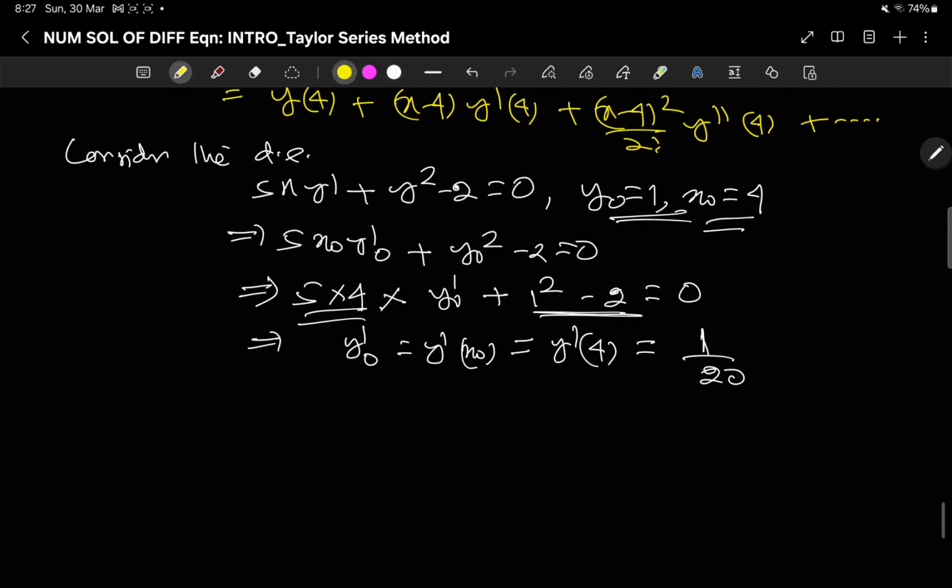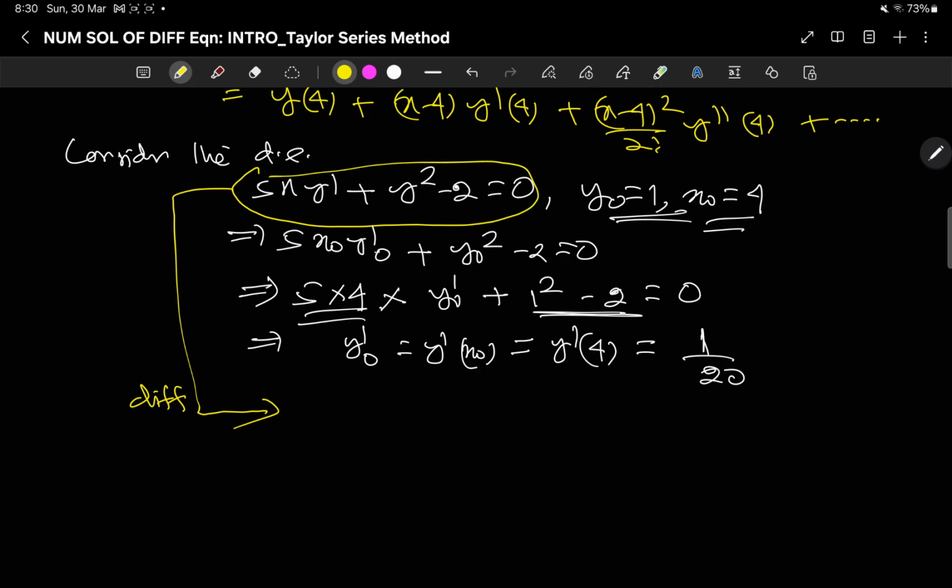Now if you differentiate it, then we need to find y''(0). If you differentiate it, it will be 5xy'' plus y' into 1 plus the derivative of y square, 2y into y'. Okay, so this is equal to 0.